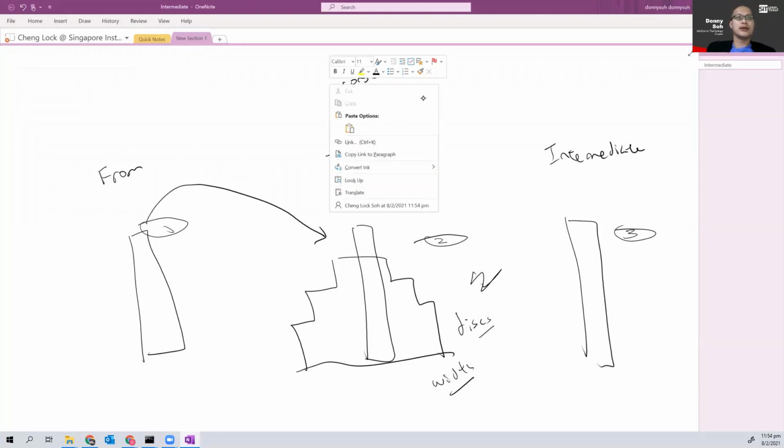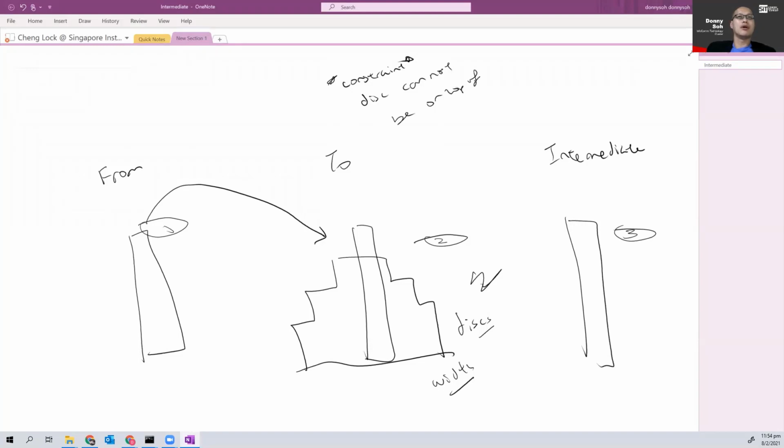The constraint is my disk cannot be on top of a smaller disk.